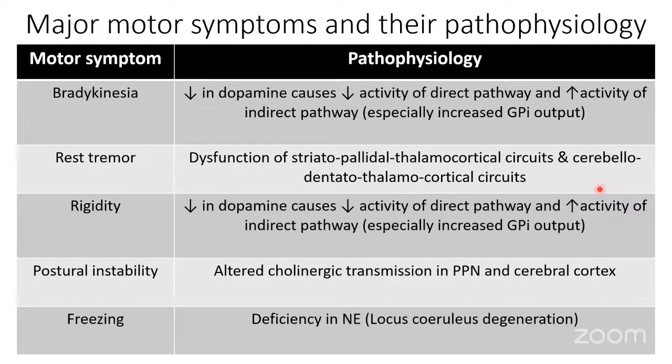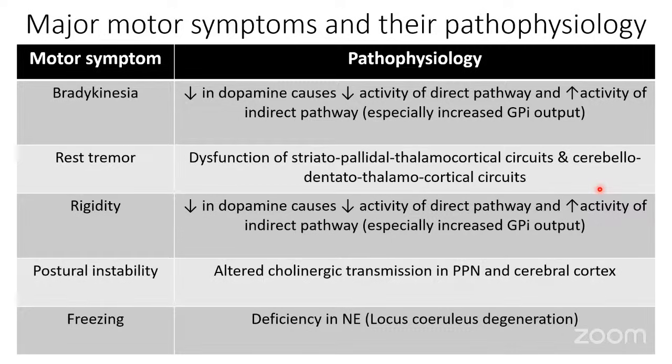The third is rigidity, which is also similar to bradykinesia, caused by decreased dopamine activity. Postural instability is due to altered cholinergic transmission in the pedunculopontine nucleus and cerebral cortex. So the pedunculopontine nucleus has its role in postural instability.